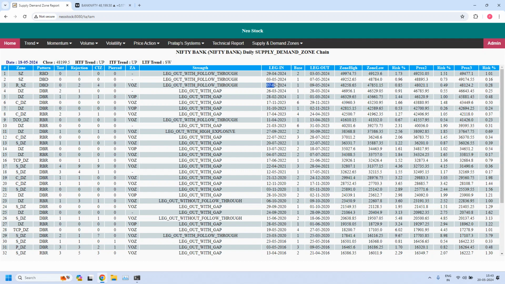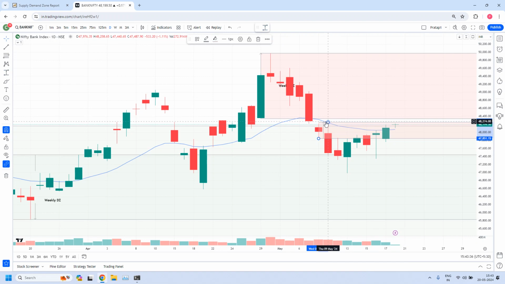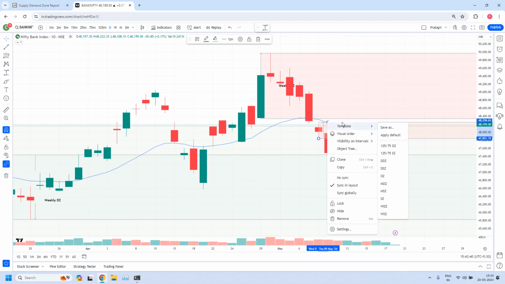So when it was created on 7th May 2024. So this is the 7th May 2024. So at present prices are closed inside this. But this is not having confluence with the weekly demand zone.